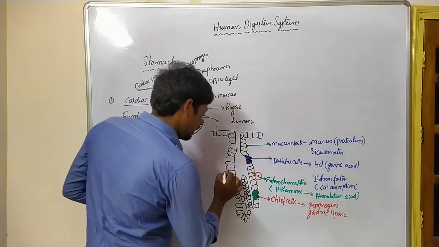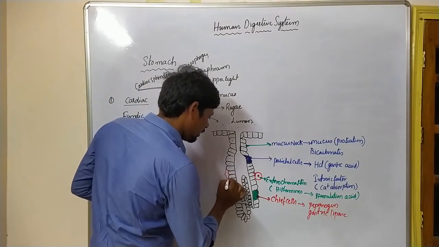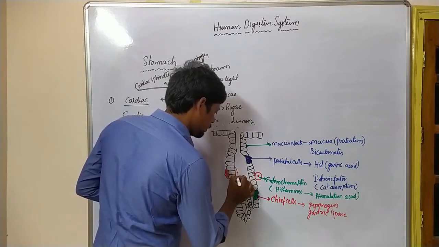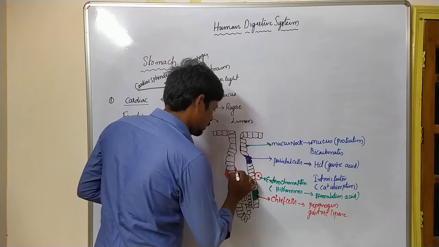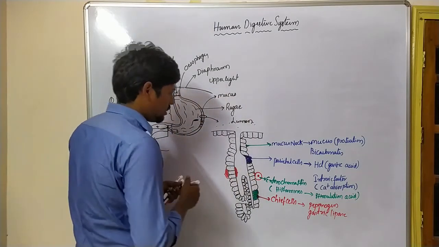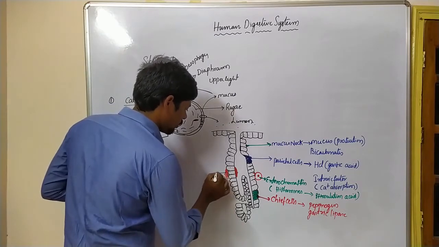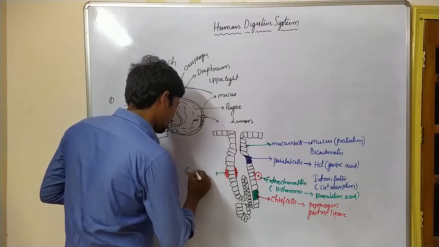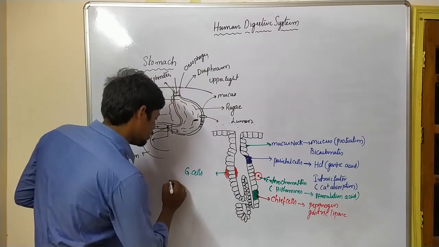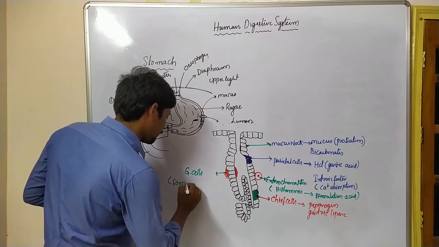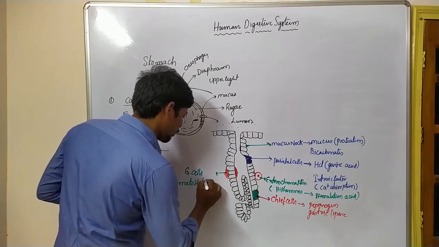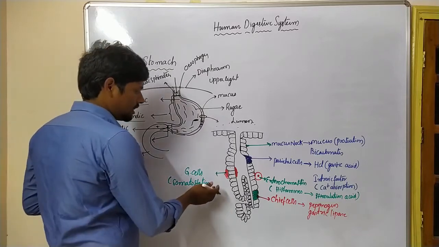Along with this, there is one more cell called D cells. D cells are the cells producing somatostatin.